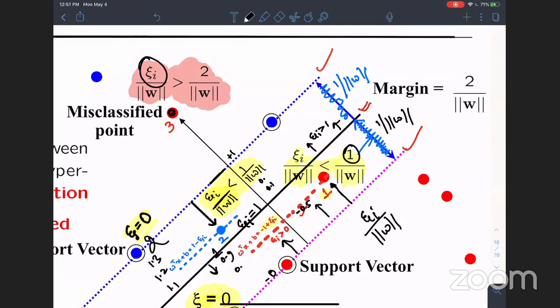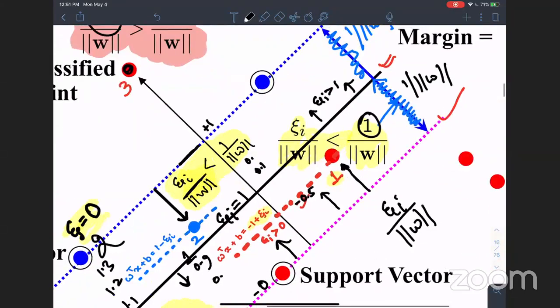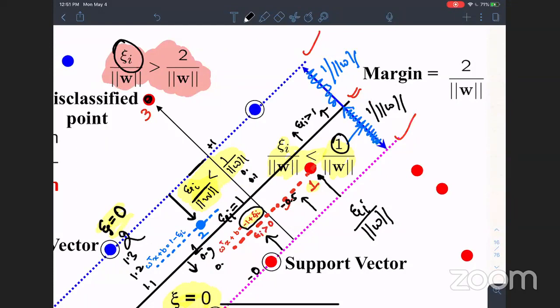So basically, eta i is the measure. That's why eta i comes up on the right hand side of this equation, because when you find the distance of this point from here, B and B get cancelled, and then eta i gets added up. If you want to look here, let's say -1 plus eta i. So this was B plus 1 minus eta i, equal to 0. W transpose X plus this.